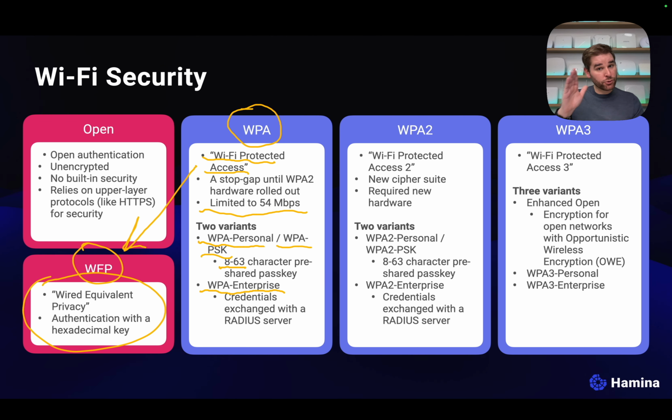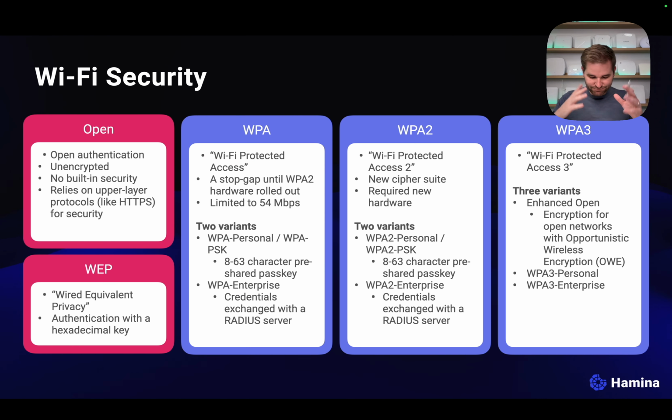That gets passed through the access point to a RADIUS server. The RADIUS server gives you a thumbs up or a thumbs down and then goes back to the access point, and the access point will then say, yeah, sorry, no, you don't have the right credentials, or yeah, you have the right credentials, come on in, and then we'll establish encryption, all that stuff.